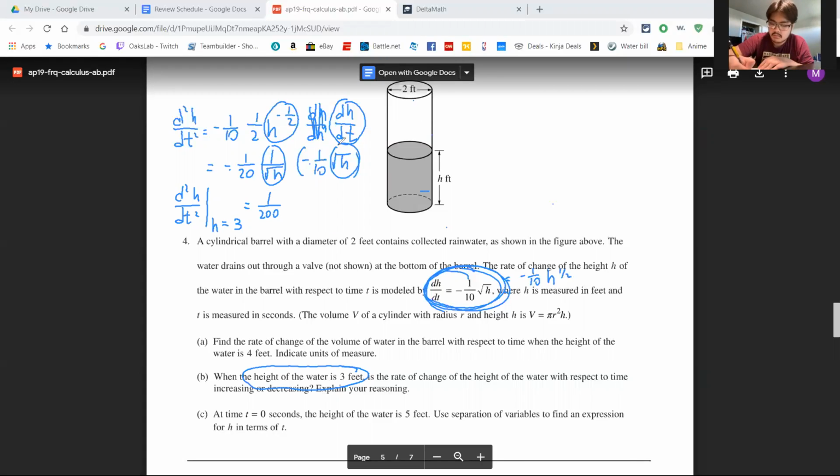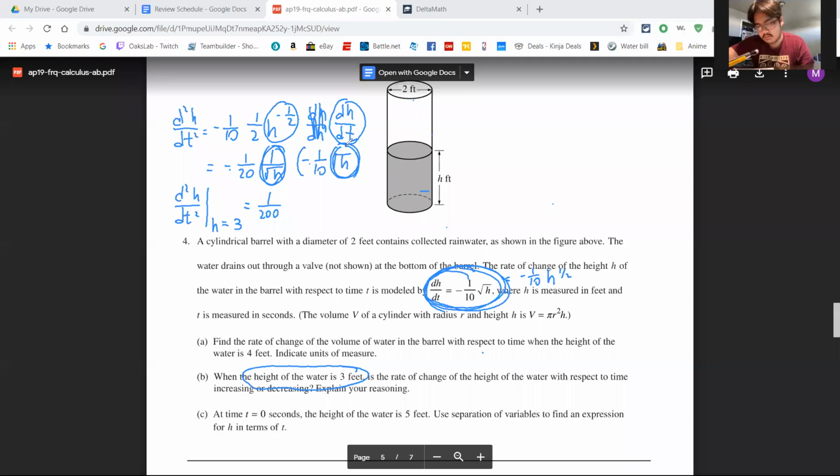Actually, what happens to these two when you actually multiply them? I'm waiting. Somebody say something. One. They cancel out to 1, right?